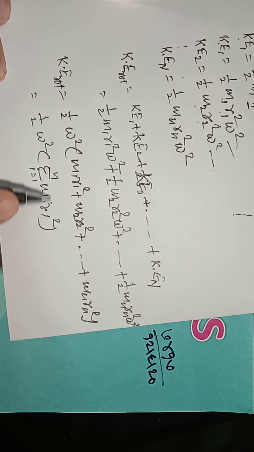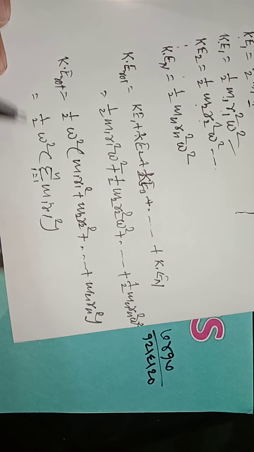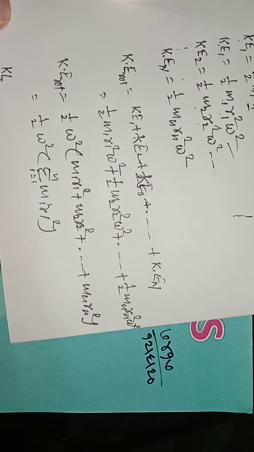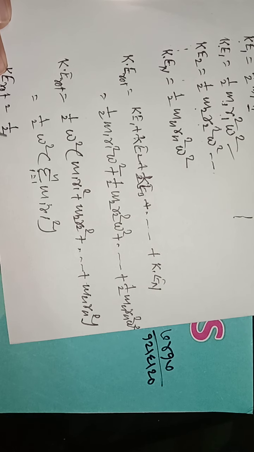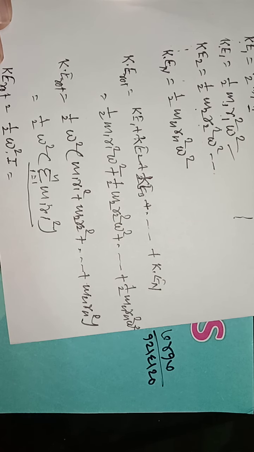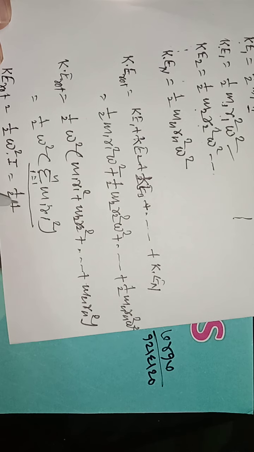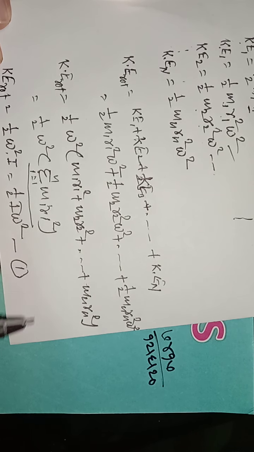This quantity is called the moment of inertia, and that's why we can write KE rotational is equal to half omega square into the moment of inertia, that is I. So we can write this equation as KE rotational equals half I omega square. Say this is equation number 1.